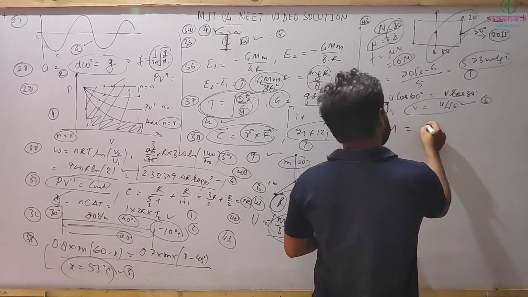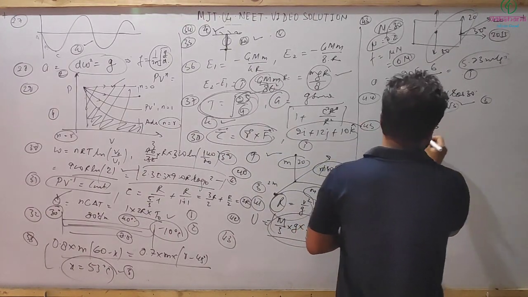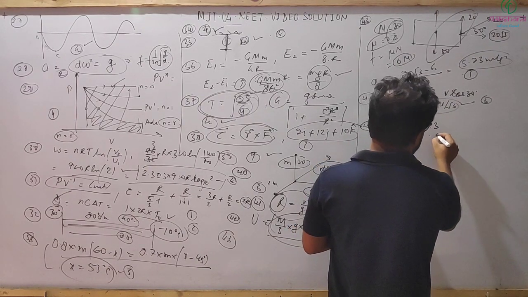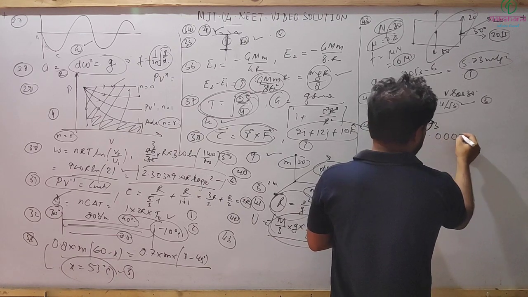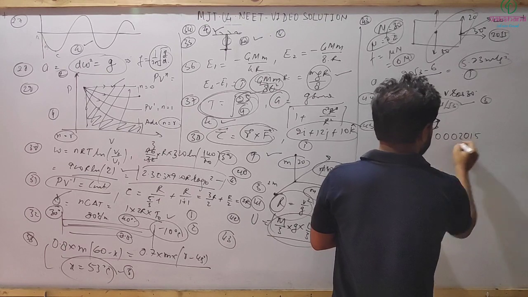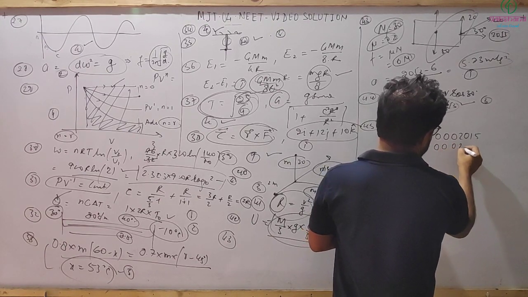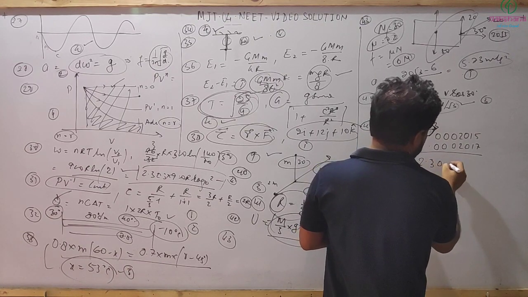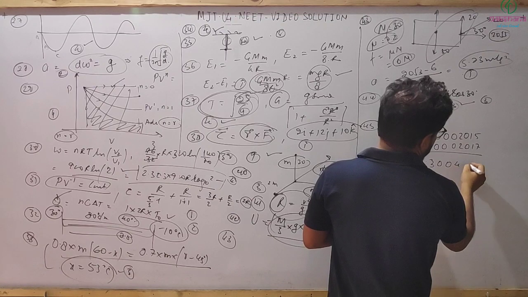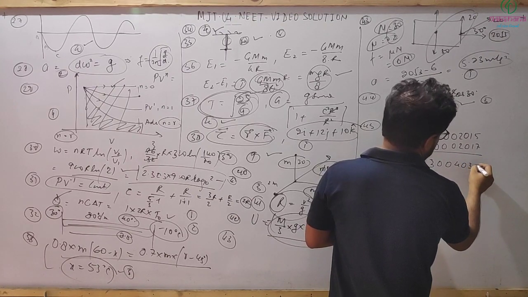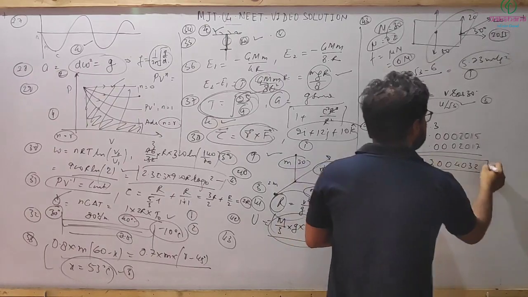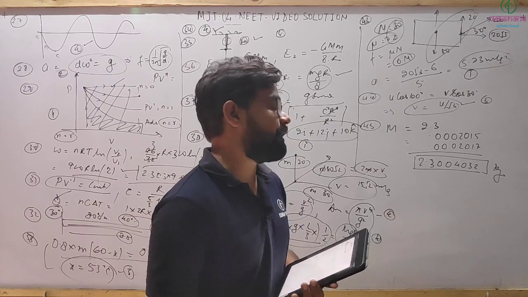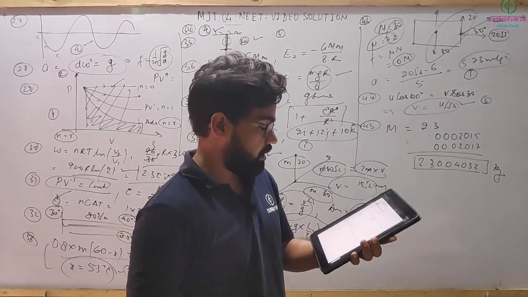The 20.15 gram is equal to 0.0002015 kg, and the other is 0.0002017 kg. Adding, this is the actual mass, but we need to write the final answer in terms of the least number of significant figures according to the given problem.